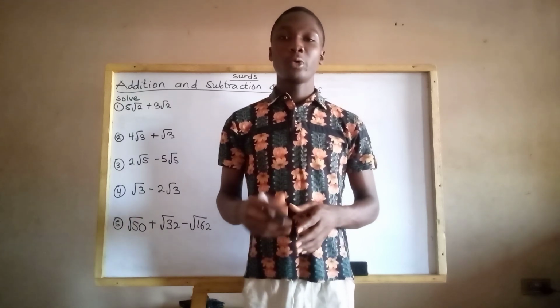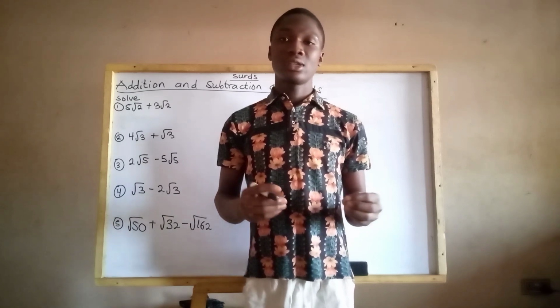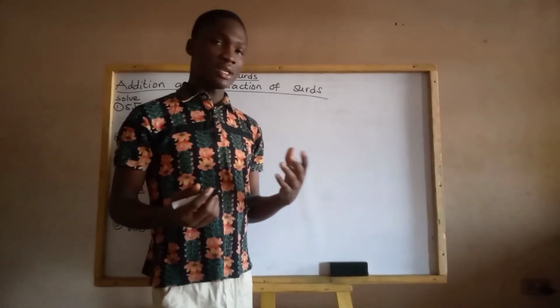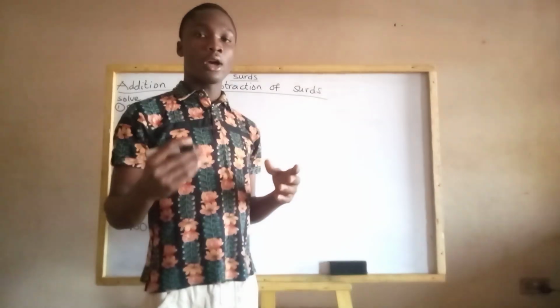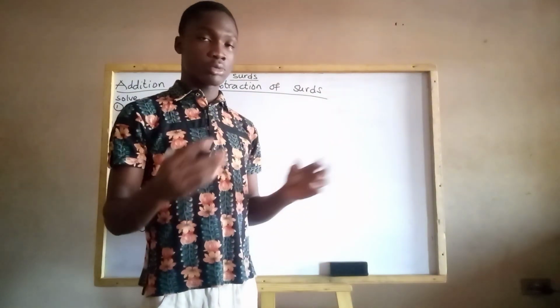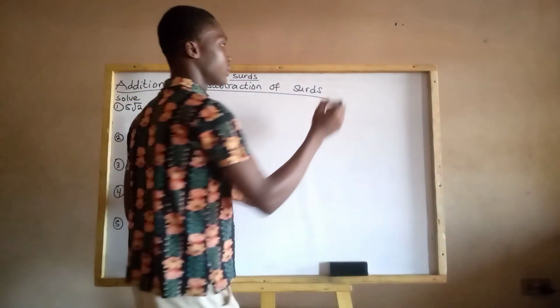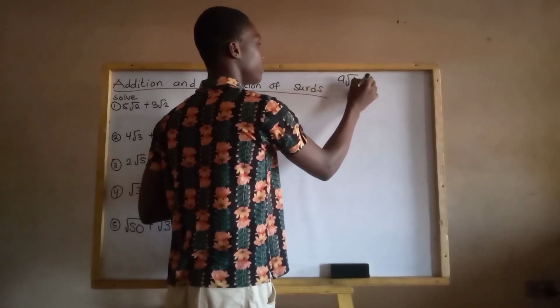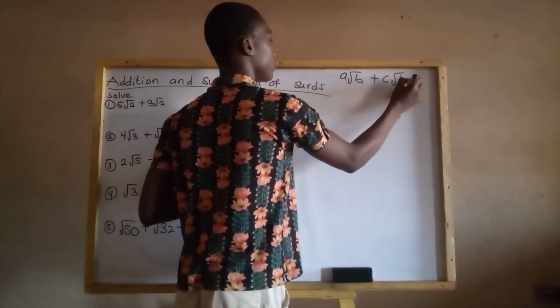Today our lesson will be on addition and subtraction of surds. What you have to note is that we can only add surds of the same root or subtract surds of the same roots. Let's look at this. We have a root b plus c root b.